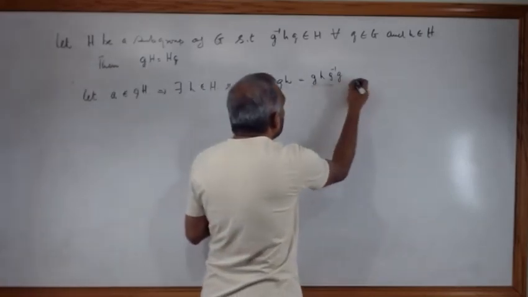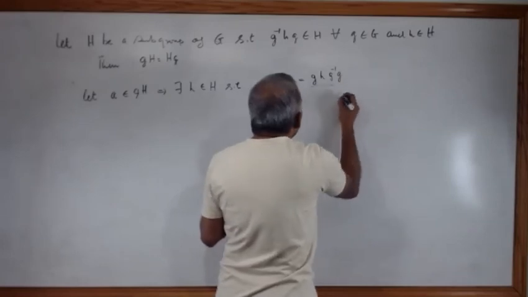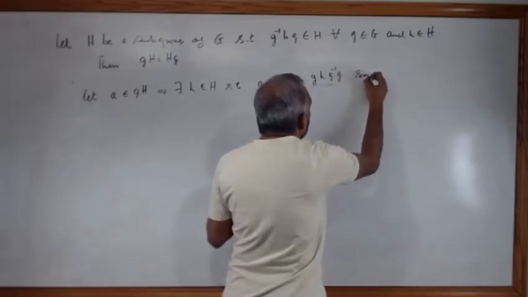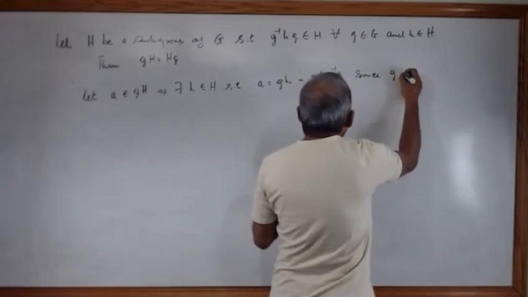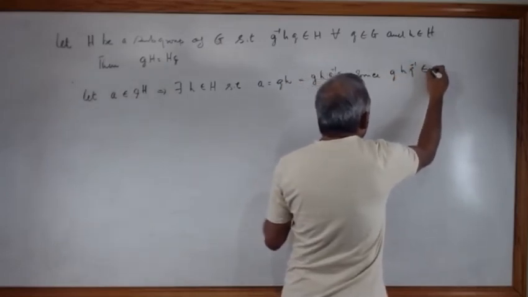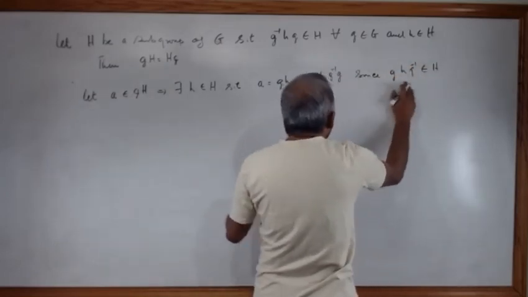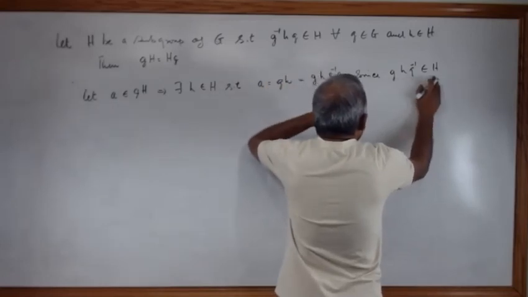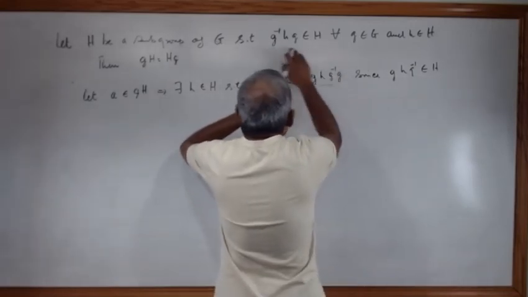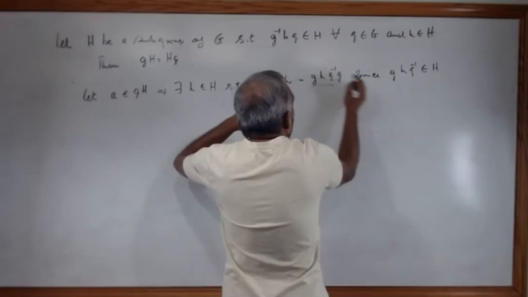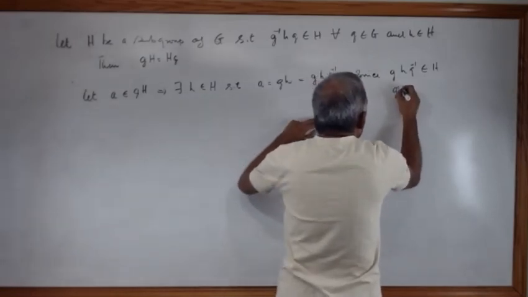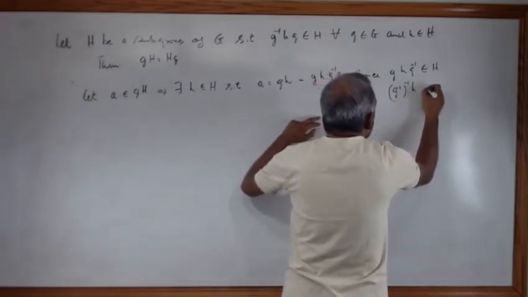And this belongs to H, since g inverse belongs to H, because this belongs to H because of this. This can be written as g inverse of inverse h g inverse.